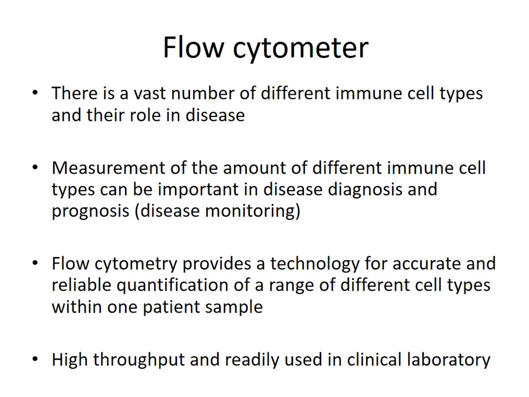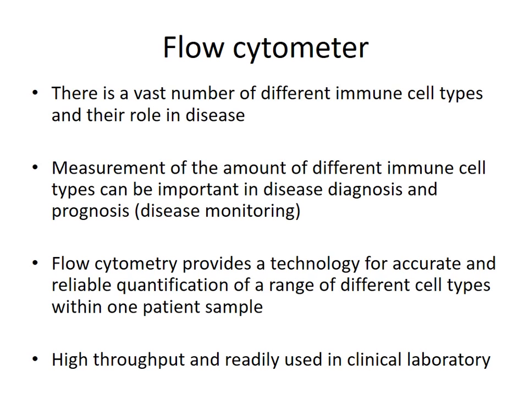So it gives us the capacity to measure the amount of different immune cell types that can be important in disease diagnosis, and in terms of HIV, more importantly, prognosis. So that's how the disease is progressing and what the risk is of fatality as a result. So flow cytometry provides us with technology for accurate and reliable quantification of a range of different cell types within one patient sample.